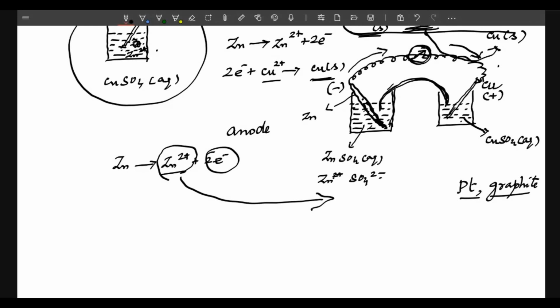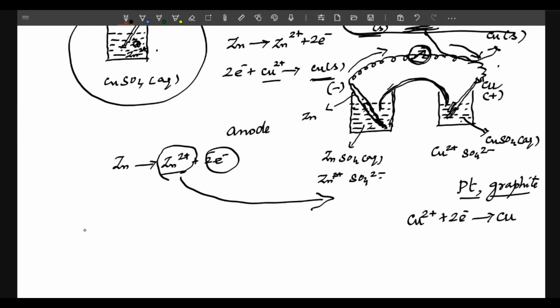When electrons reach the copper compartment, which we call the cathode half cell or cathodic compartment, the copper ion will take the electron and be deposited as copper on the copper electrode. Initially, copper 2 plus and sulfate ions are present in equal amounts, equal charge, so electroneutrality is there.